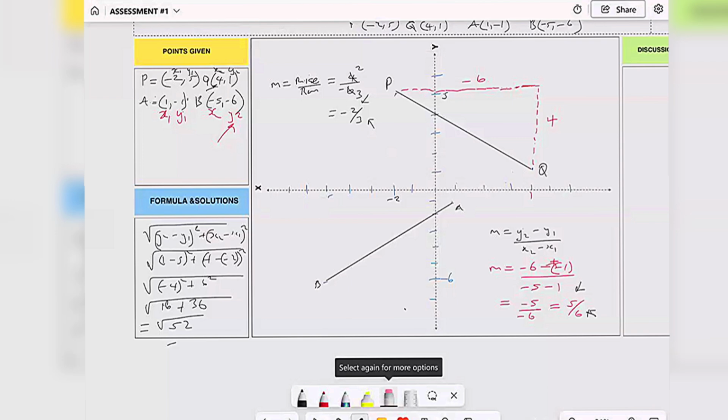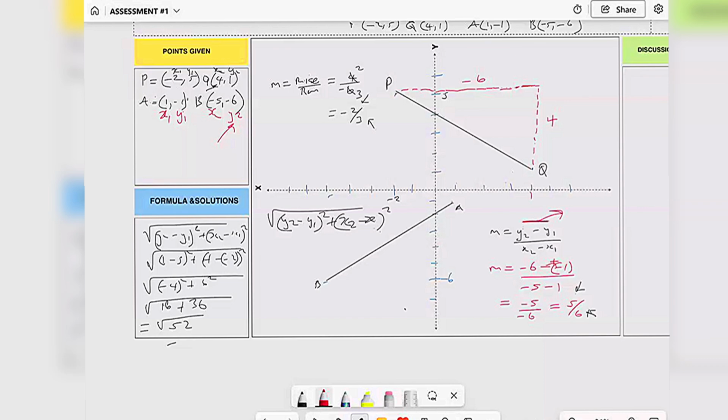Okay, and then now essentially we do the same for this. It's going to be the square root of y2 minus y1 squared plus x2 minus x1 squared. In this case, I wouldn't use the rise of our own value because I've already worked out y2 minus y1, and I would have gotten 5.